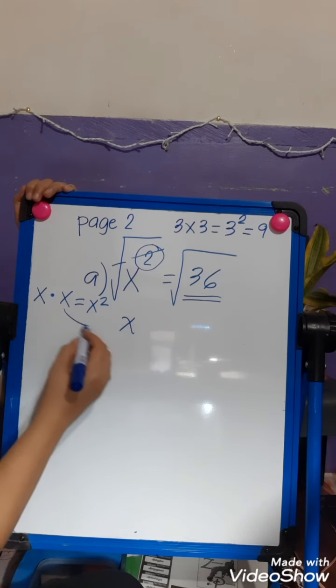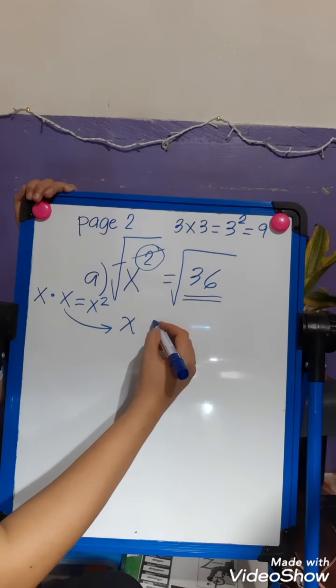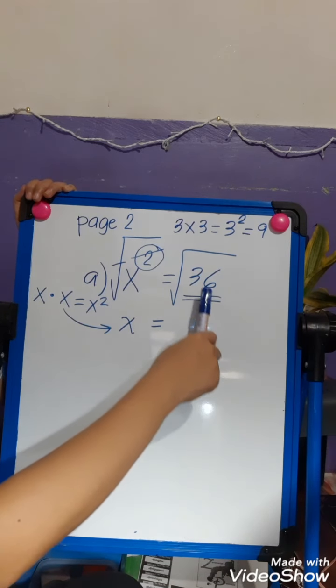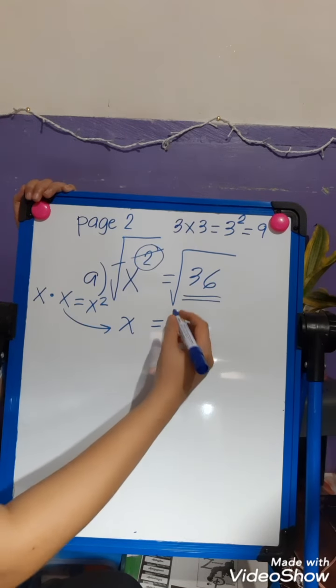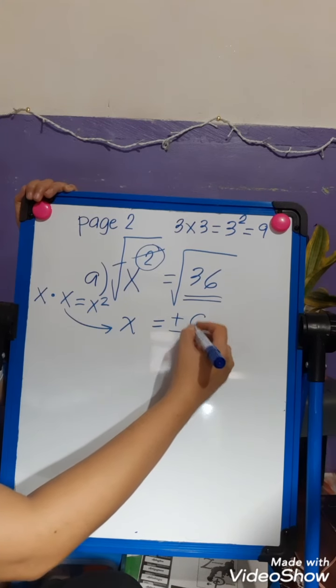So, ang iyahang square root is x. And the square root of 36 is positive negative 6.